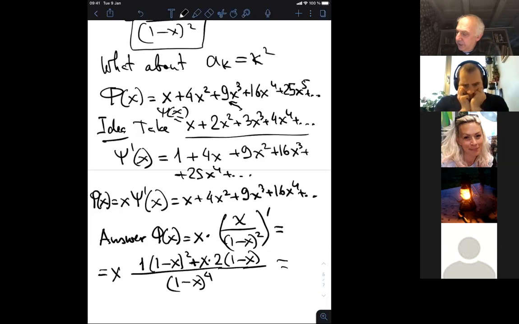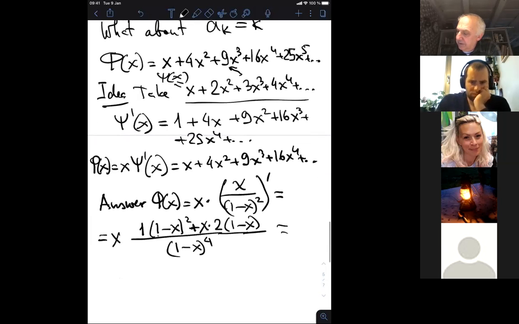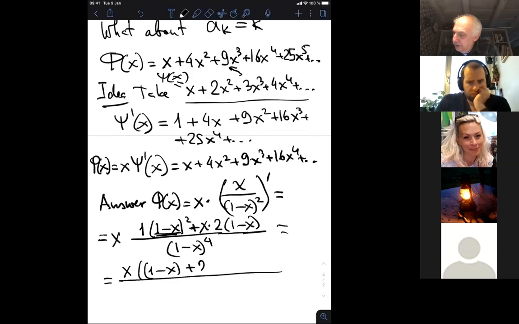Okay, so we can divide by 1 minus x, so what we get is x times, here one factor of 1 minus x cancels, 1 minus x plus 2x, over (1 minus x) cubed.